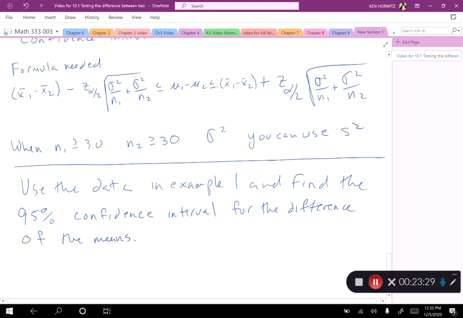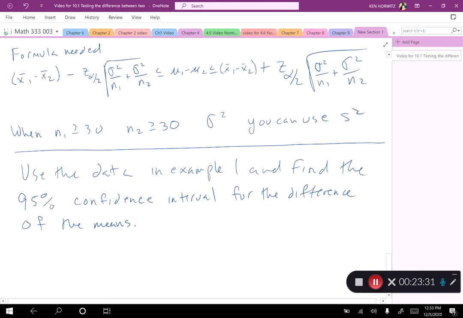All right, and again, I'm going to scroll up here real quick and give you just a minute to take a look at that formula. Copy it down because we're just going to fill in some numbers after this.